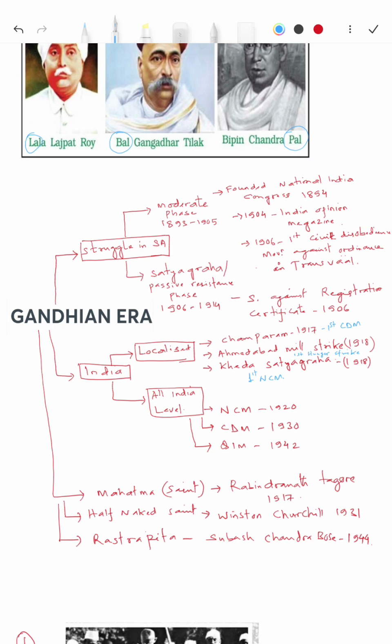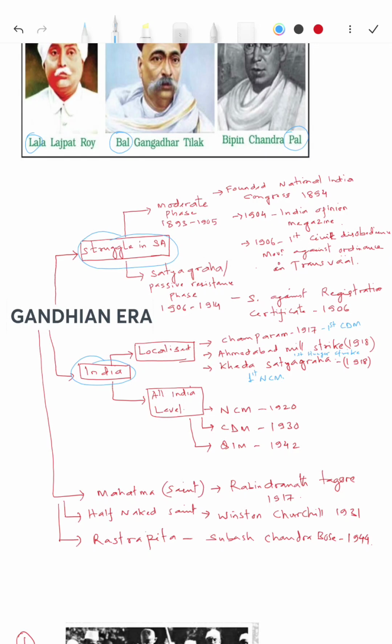This is why you are expected to know about Mahatma Gandhi for any type of exam. This is the mind mapping of the Mahatma Gandhi era. The Gandhian era can be of two types: during his stay in South Africa, and in India after he came in 1915.